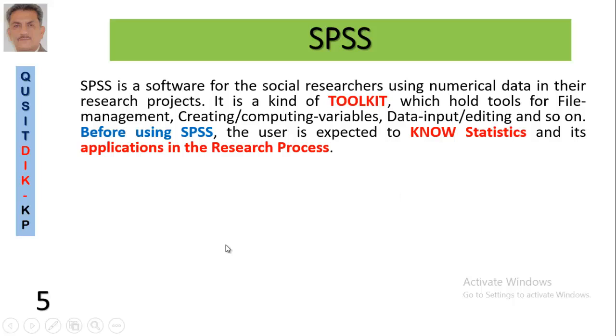In SPSS, once the decisions about the data matrix, columns and rows have been made, then we start using SPSS. SPSS is a software for the social researchers using numerical data in their research projects. It is a kind of toolkit which holds tools for file management, creating and computing variables, data input, editing, and so on. Before using SPSS, the user is expected to know statistics and its applications in the research process.